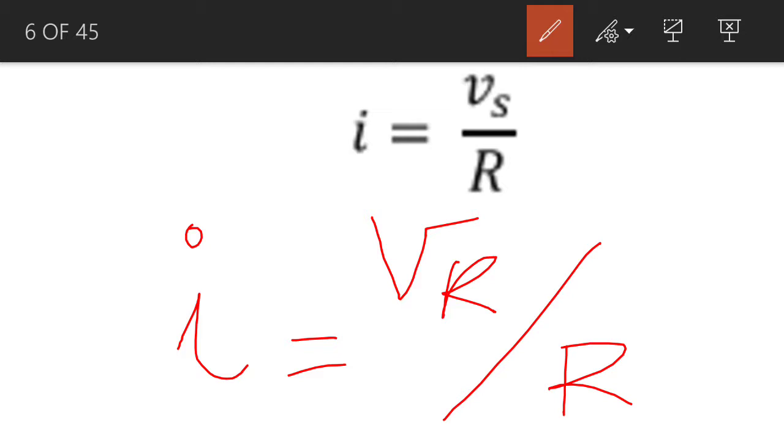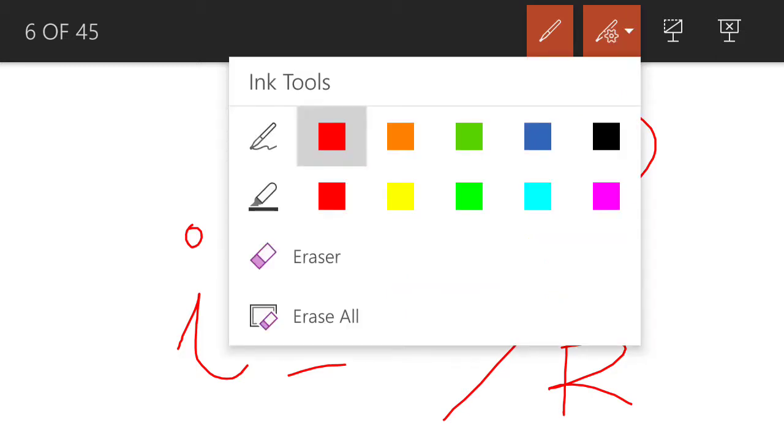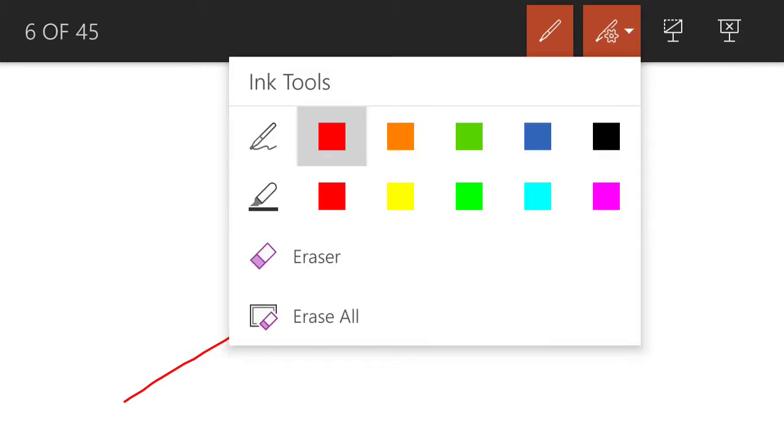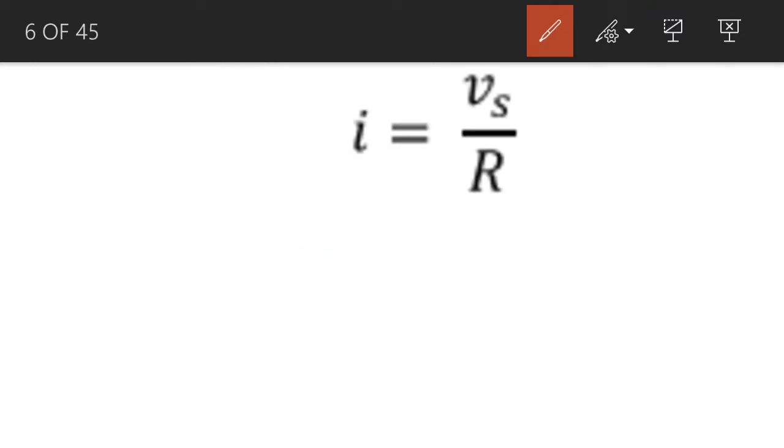This is how we compute the AC current in the resistor, and as VR is equal to Vs, we can replace VR in this equation by Vs, and the current in the resistor of this AC circuit will be equal to Vs by R. What we do, we put the value of Vs in this equation.